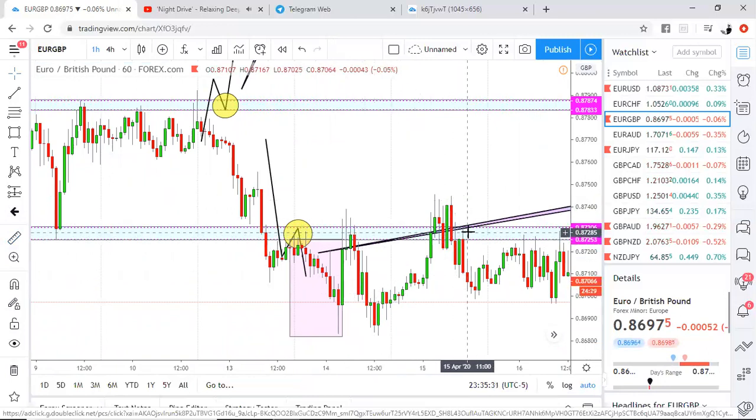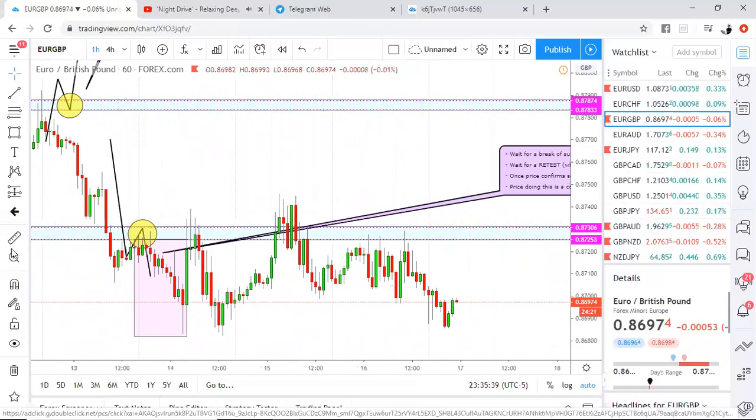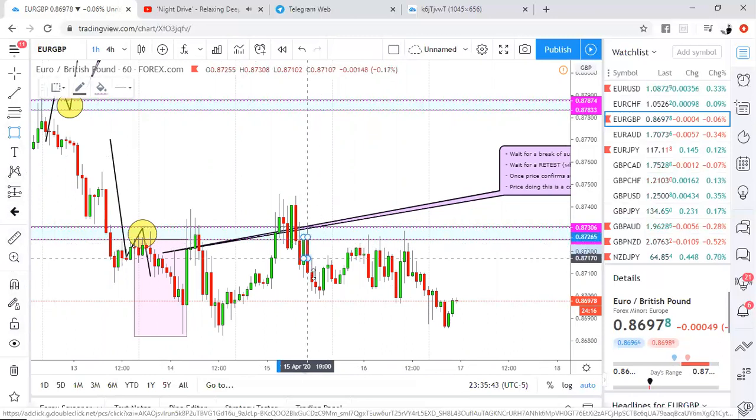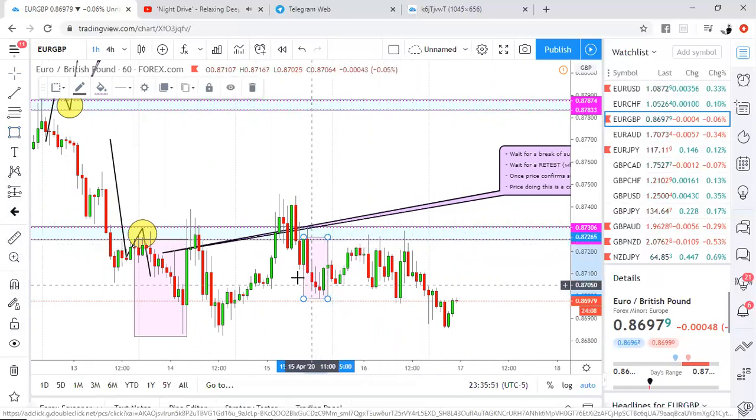Was that zone for a second time and does another, it creates another floor, breaks and does a retest. That could have been another entry as well. Then it looked like price just eventually came back up and took you out at the 2 pips. But 2 pips is 2 pips, guys. It's a win regardless. If you're catching these trades off the break and the retest, it's a win.